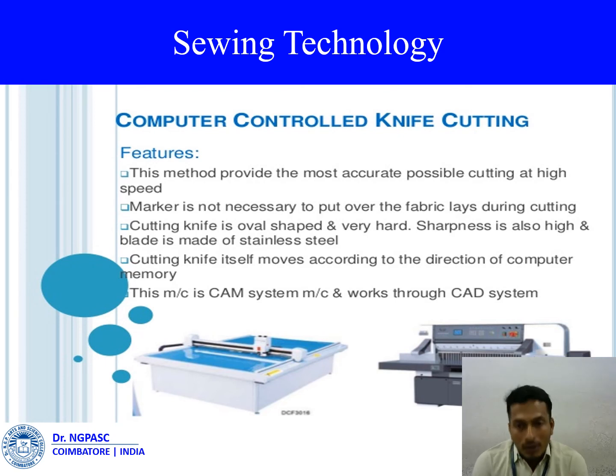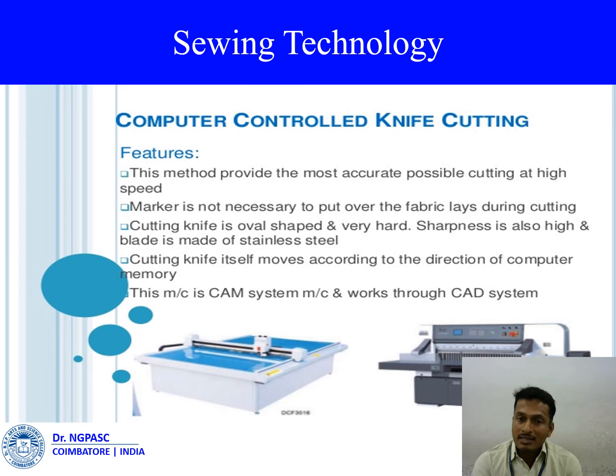In that, what are the features? This method provides the most accurate possible cutting at high speed. One more thing I want to say is that it is very fast, I mean high speed. And then a marker is not necessary to put over the fabric layer during the cutting. There is no need to mark anything in the fabric layer. And then the cutting knife is oval shaped, and sharpness is also high.